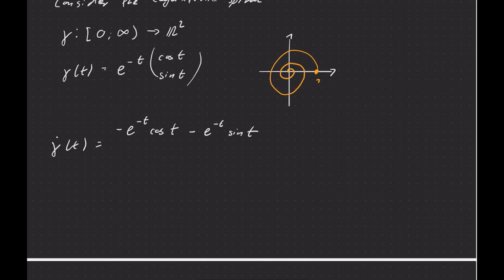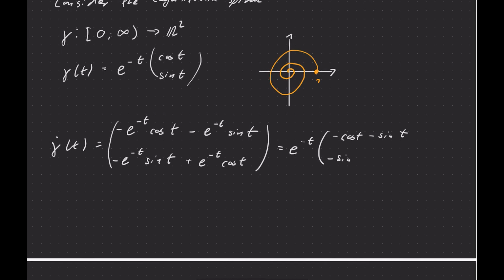For the second row, we get minus e to the minus t sine t plus e to the minus t cosine t. I'm using the product rule here to compute that derivative. So we can factor out the e to the minus t, which makes it a little nicer to look at. And then we have minus cosine of t minus sine of t, and here we get minus sine of t plus cosine of t.